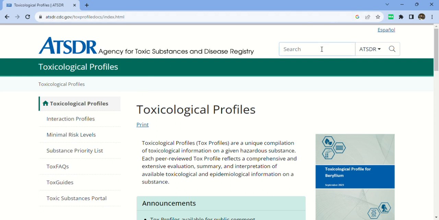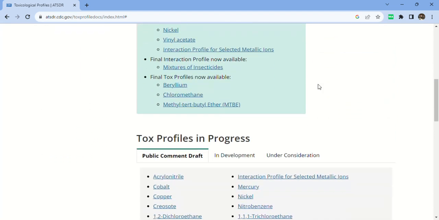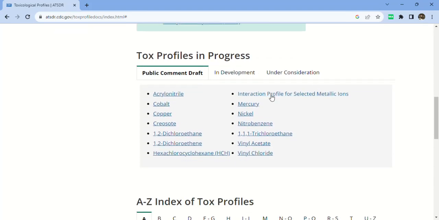In this you can put your compound also and search. You can see these are the public comment drafts. We know cobalt is also one of the toxins. They mention their draft, how they produce the toxin.